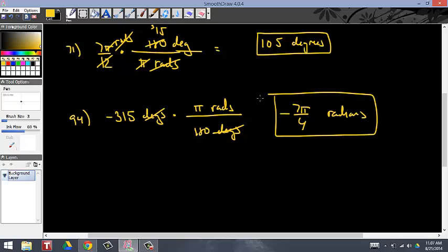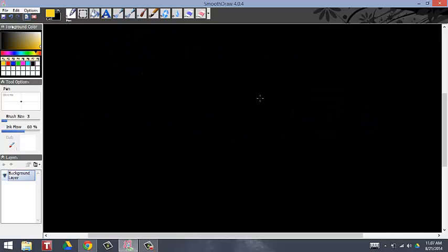All right, let's do a couple of graphing ones. Ooh, 114. We have never seen one like this before. Does it make sense that the inside really is this?